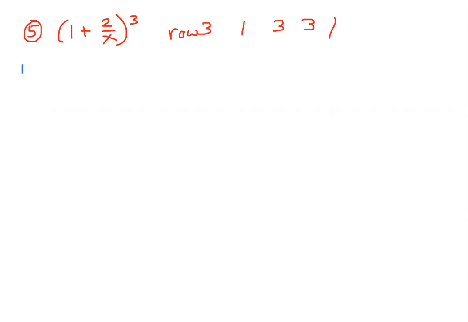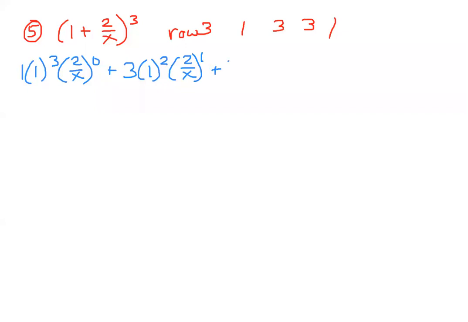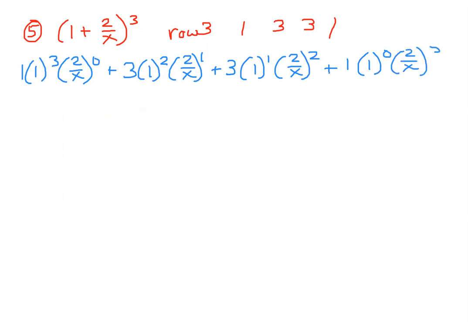We've got 1 times 1 cubed times 2 over x to the 0 plus 3 times 1 squared times 2 over x to the 1 plus 3 times 1 to the 1st times 2 over x squared plus 1 times 1 to the 0 times 2 over x cubed.